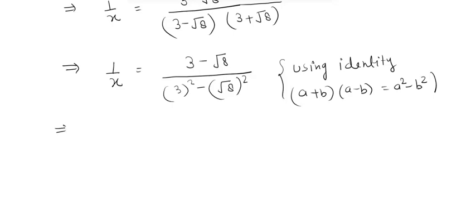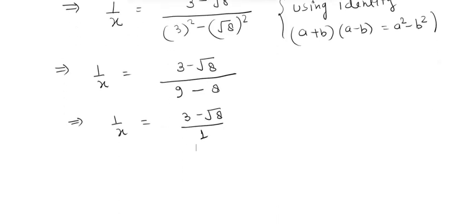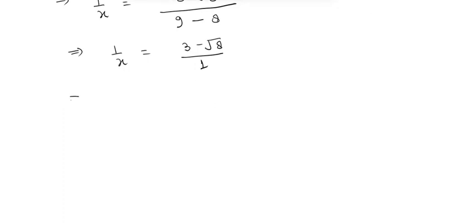Okay. Now we will get 1 by x is equal to 3 minus square root 8 divided by 3 square 9 minus square root 8 square 8. So we will get 1 by x is equal to 3 minus square root 8 divided by 1. So here 1 by x is equal to 3 minus square root 8.